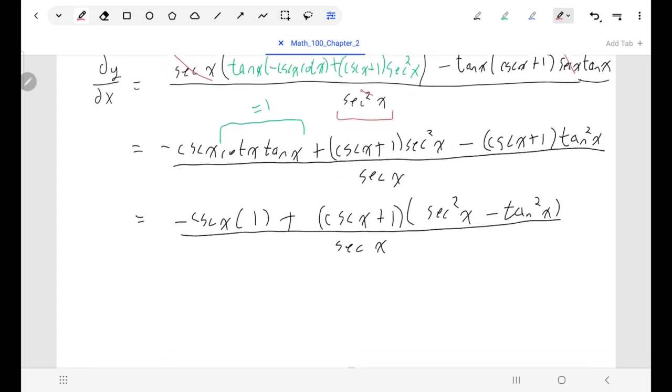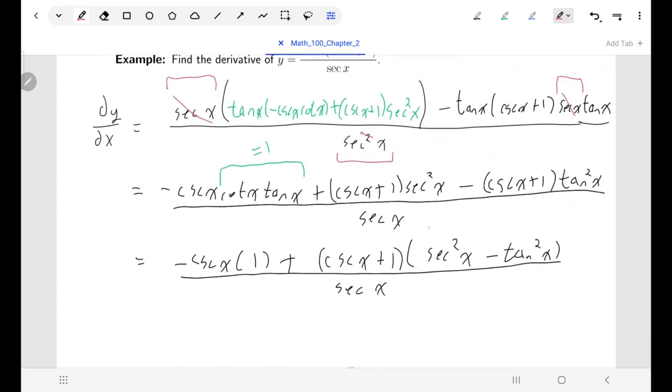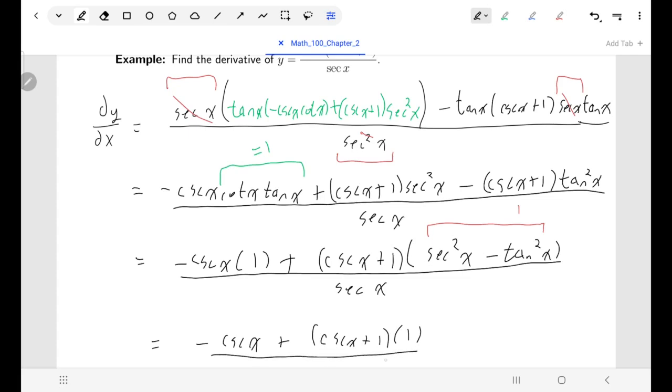So actually we can do a little bit more simplifying by replacing the secant squared minus tangent squared with 1. So what do we have now? We've got negative cosecant plus cosecant plus 1 times 1.